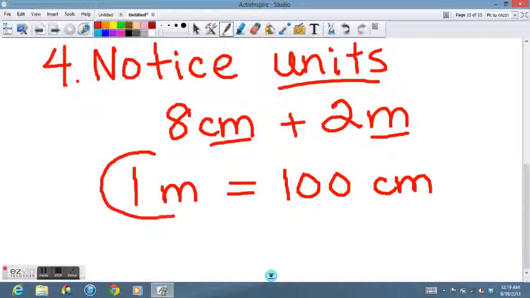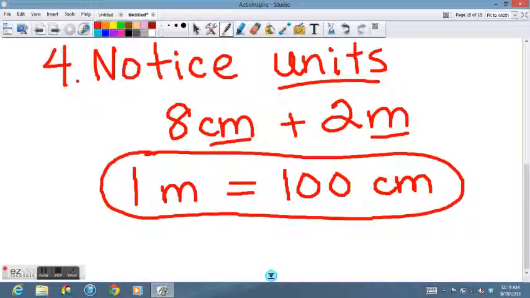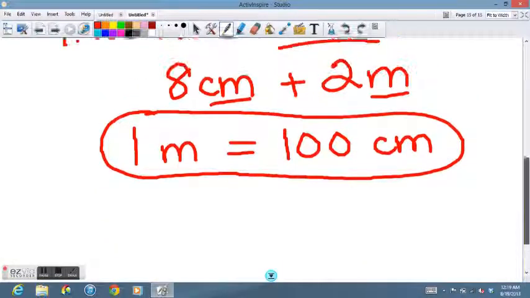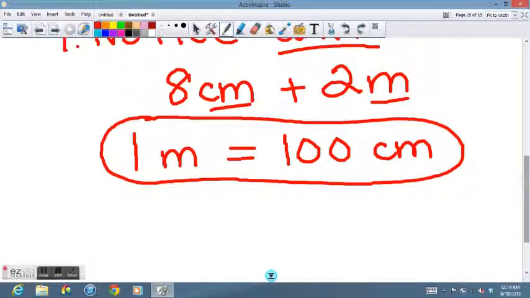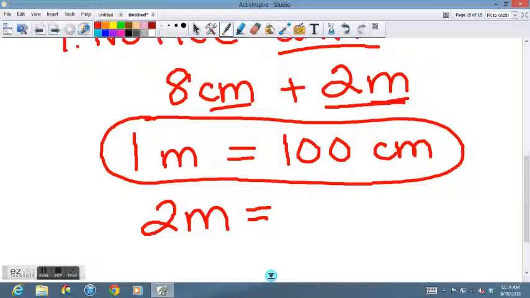So we can use this to convert what we have up there. We have 8 centimeters. First of all, let's look at the 2 meters. How do we convert 2 meters to centimeters? Well, if 1 meter is 100 centimeters, 2 meters is going to be 200 centimeters.